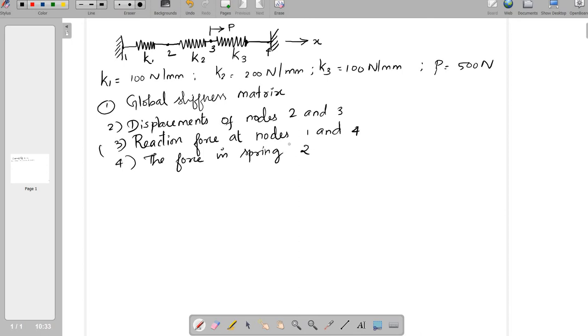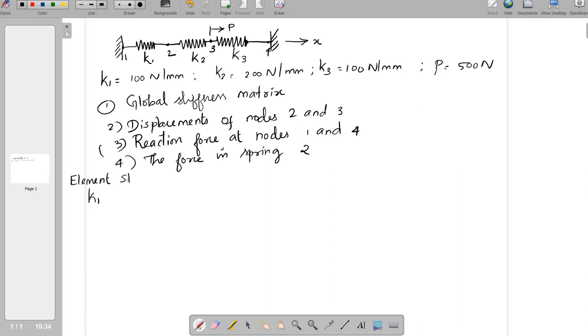So let us discuss the procedure. The first one, we are going to assemble the global stiffness matrix. Three springs are attached in series. So let us formulate the element stiffness matrix. K1 is for the first element, K2 is for the second element, K3 is for the third element.